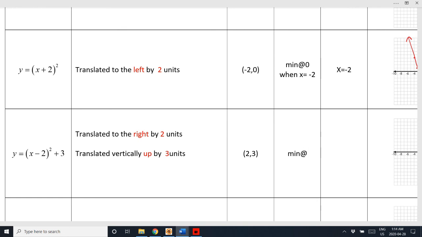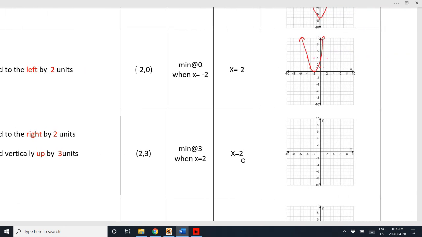So it's a min at 3 when x is equal to our h, which is 2. And our axis of symmetry is x is equal to 2, and let's graph it. So we have to go 2 units right and 3 units up.